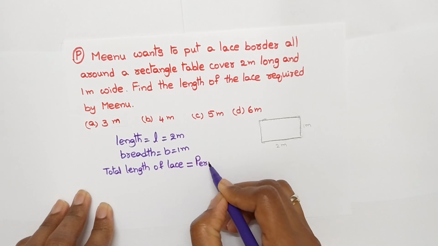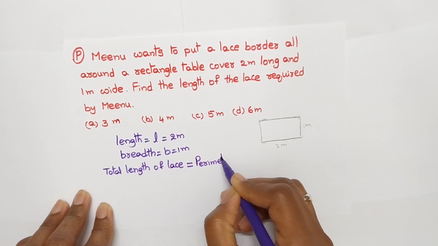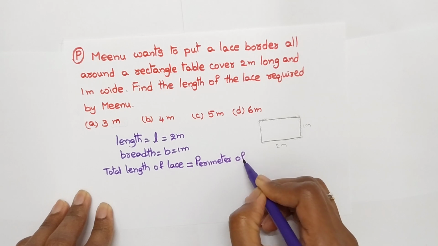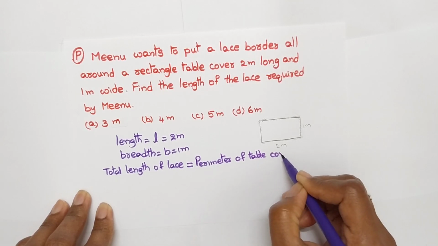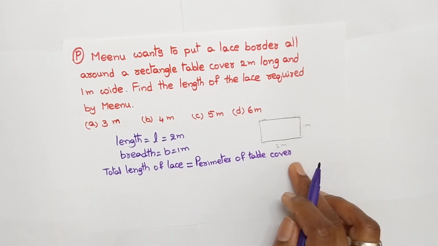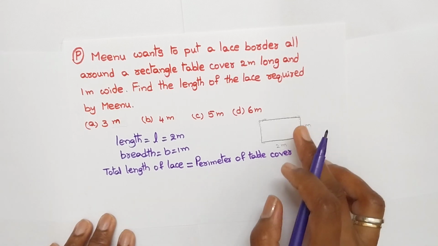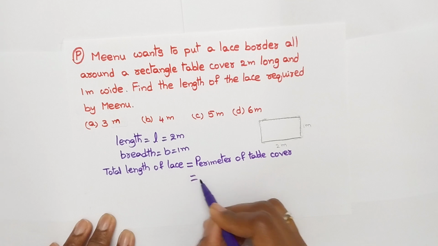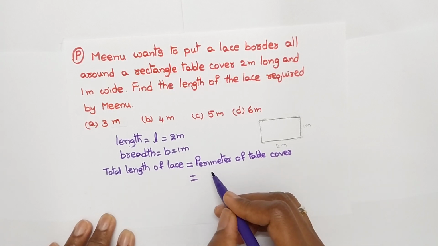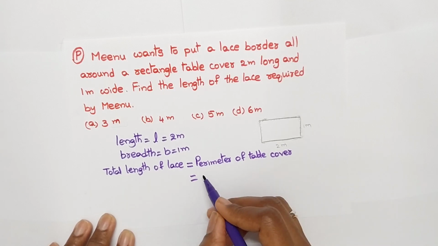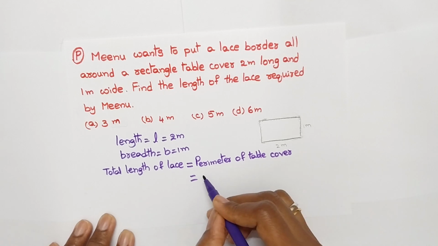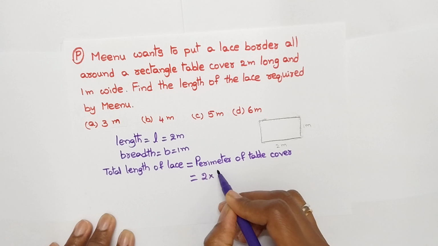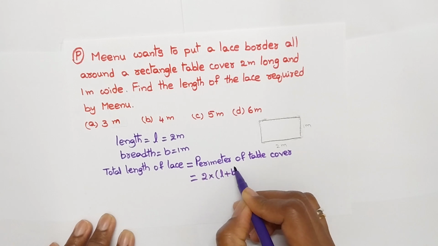Perimeter of table cover. One more point: this table cover is in the shape of a rectangle. So for the perimeter of the table cover we use the formula of perimeter of rectangle, that is 2 into L plus B.